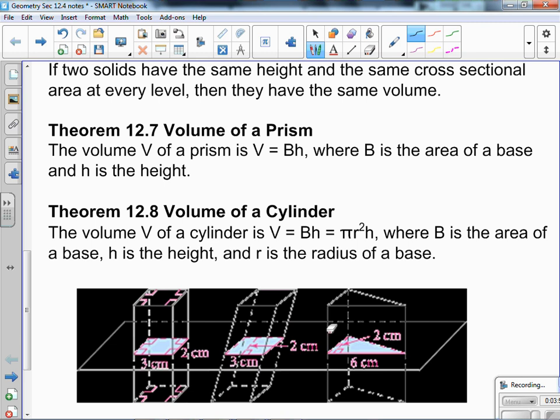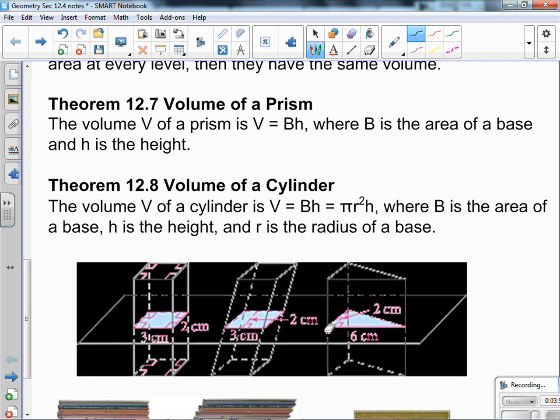And if all 3 of those areas are the same, then by Cavalieri's principle, since the cross-sectional areas are the same and they're the same height, they would be the same volume.